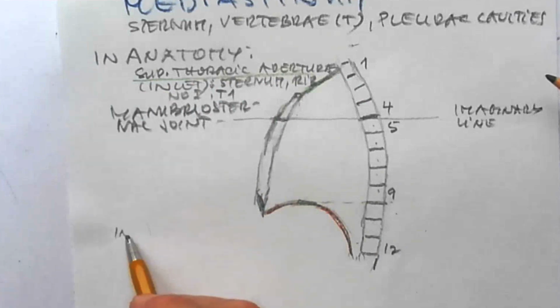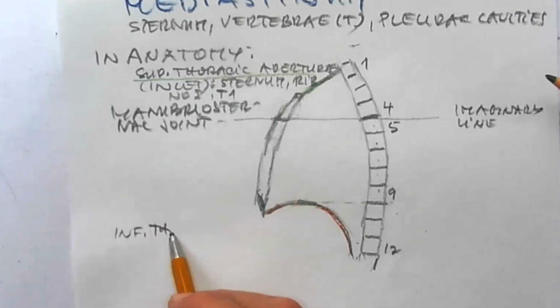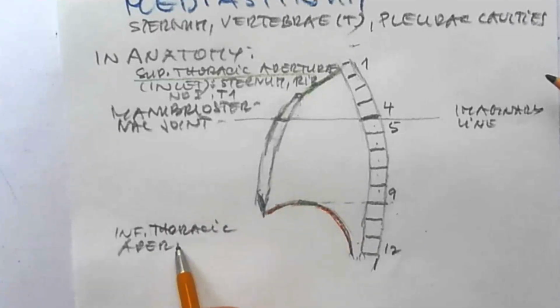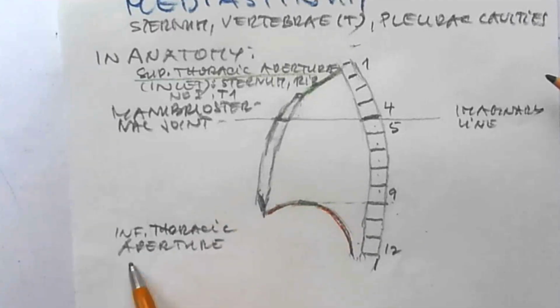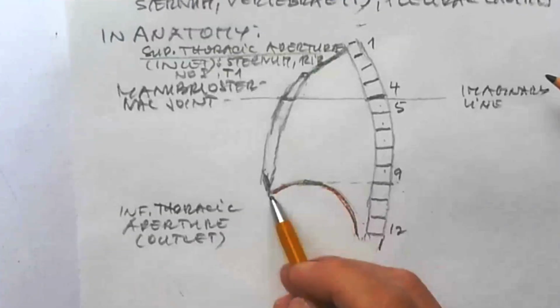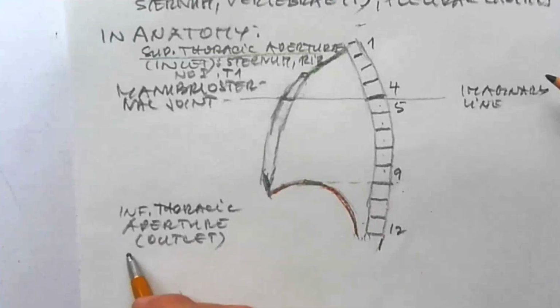Inferior thoracic aperture, or thoracic outlet, which is formed by the xiphoid process.